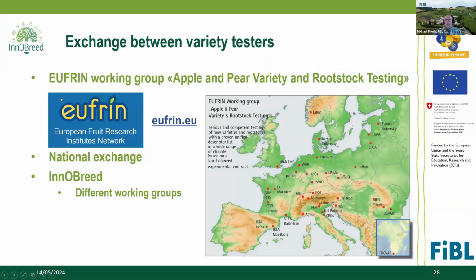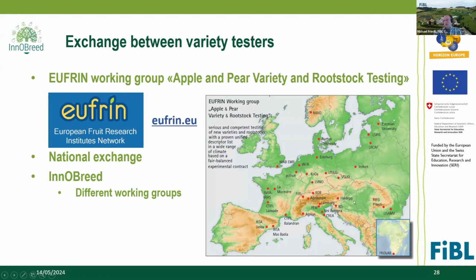Yeah, and besides the work that we are doing at Fiebel, we also have quite some exchange between different variety testers, and I think quite an important collaboration is the UFRIN network. It stands for European Fruit Research Institutes Network. Within the UFRIN, there are different working groups, and we are also part of the working group apple and pear and variety rootstock testing. You can see here on the map the different organizations that belong to this working group.